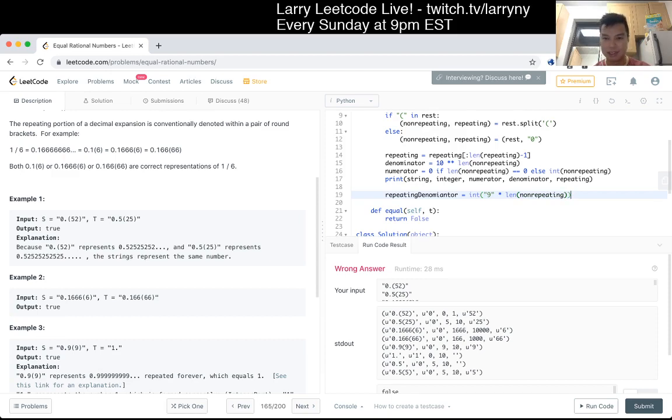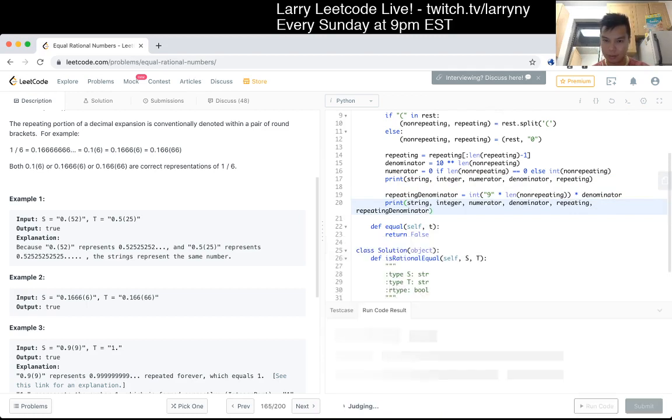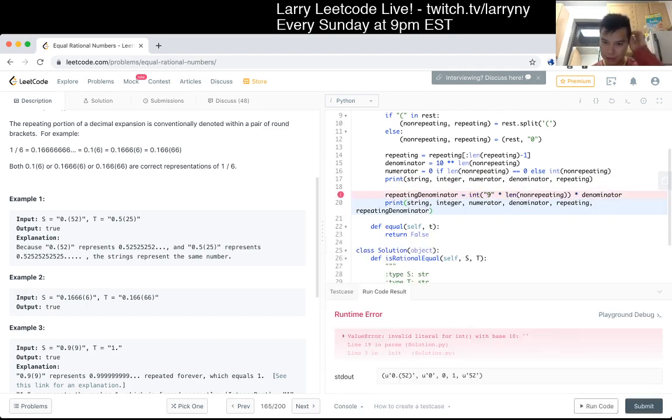Very hacky, but I think that works. Maybe off by one. And then you times that by the denominator that we had previously, I think. Maybe? This could be 0 though.